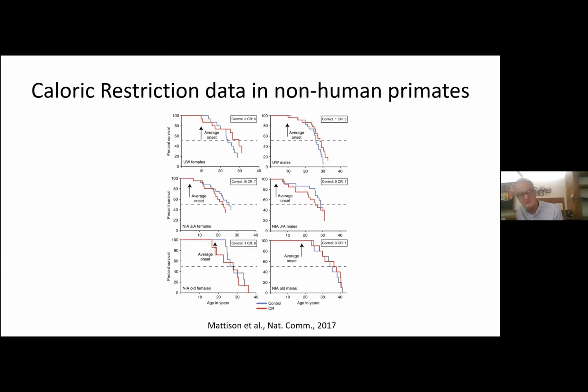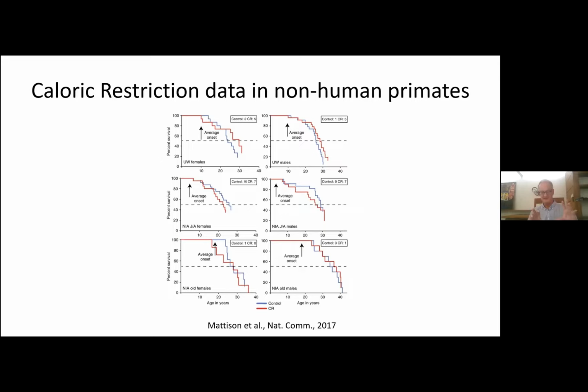The Wisconsin group said that there is a benefit in their hands for caloric restriction, while the group at NIA has not really found such a benefit. And there are differences in the paradigms that were used and when caloric restriction was initiated in these two different experimental venues. But I think it's also fair to say that the magnitude of effect, even in the Wisconsin group, is significantly less than what we've seen in mice.